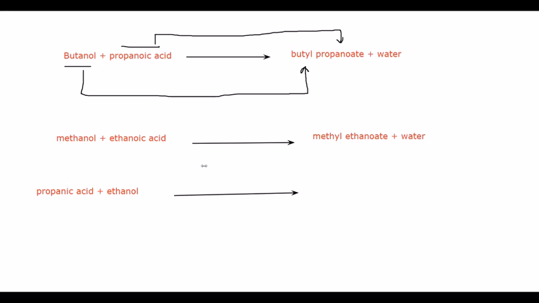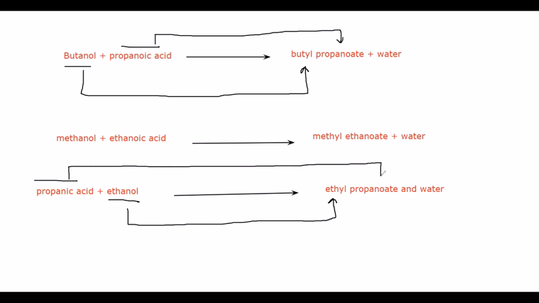So this will result in the formation of ethyl propanoate plus water. So the idea is that the first name is always coming from alcohol and the second name of the ester is coming from carboxylic acid. Is it clear, this idea?